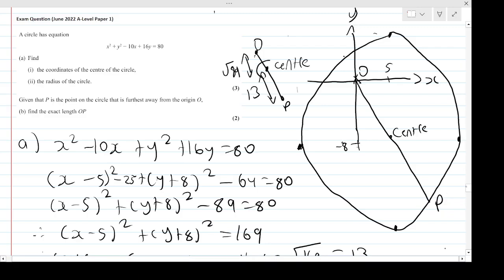But if we split it up between the origin and the centre, and then from the centre to P, we can then consider the radius from the centre to P, which again was 13, and also this first bit from the origin to the centre, and we know what those two coordinates were. That allowed us to use the distance formula. So we've worked out these two individual distances, so we could add them together to find the overall distance which we wanted, even though we didn't know what the overall was directly. Okay, there we are.